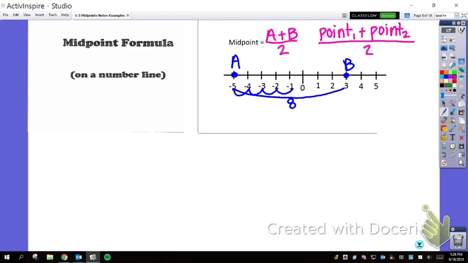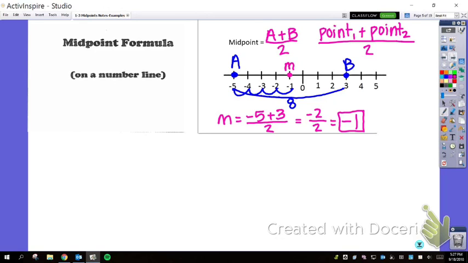Now when we use midpoint, we're going to use the letter M. So to solve this, we would say M equals -5 plus 3 divided by 2. -5 plus 3 is -2 divided by 2, which ends up giving us -1. So the midpoint of AB would be -1. That's a specific location on the graph. So if it's on a number line, you take the two numbers, add them together, divide by 2.